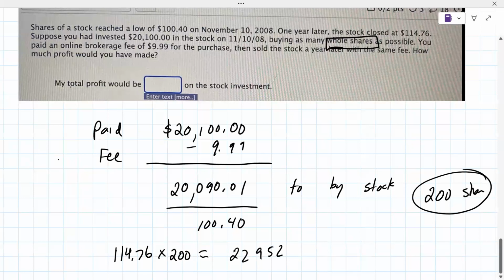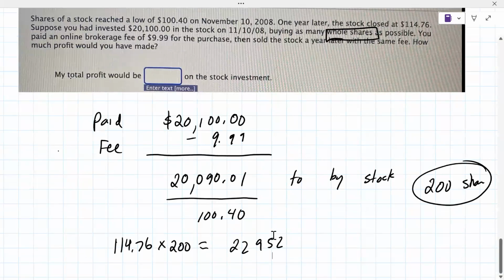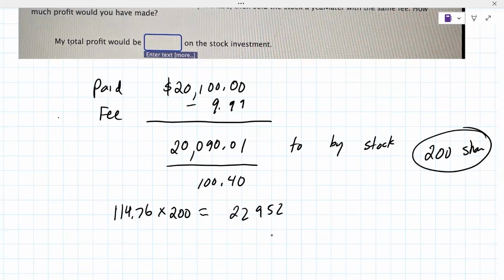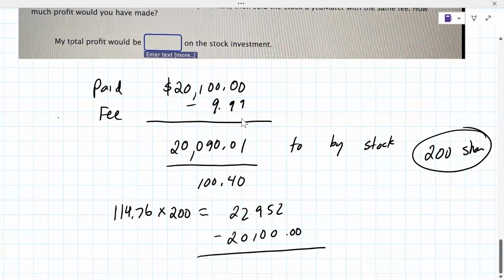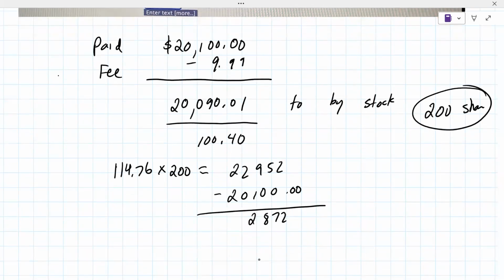Which is $22,952. And then you're going to subtract out 20,100, but then you also paid the fee 9.99 in both cases. And you also subtract the 9.99 two times. Yeah, so this ends up being $2,852, but you spent 9.99 twice, $19.98.